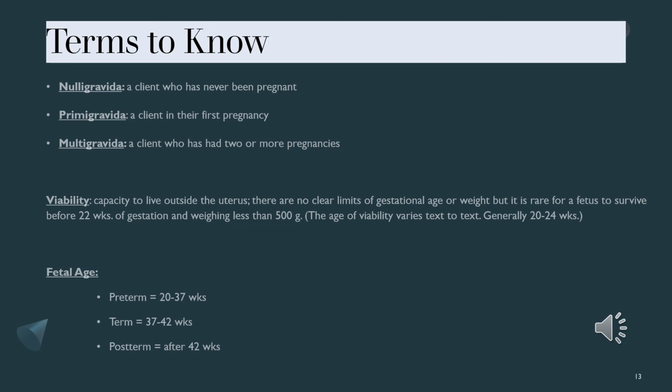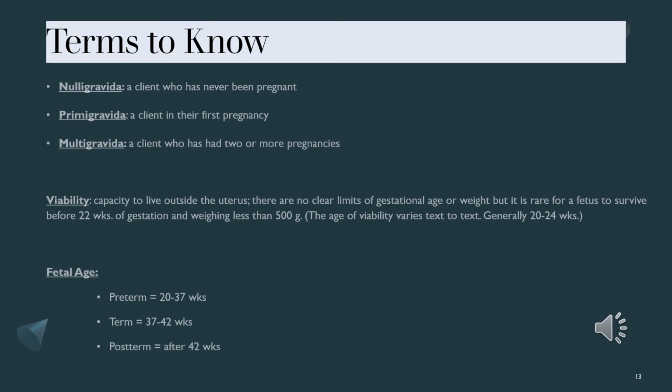That was when I first started in OB. They've now decreased that gestational age to around 22 weeks. We'll talk a lot about this as we move through OB, because there are a lot of ethical questions for us to discuss here.